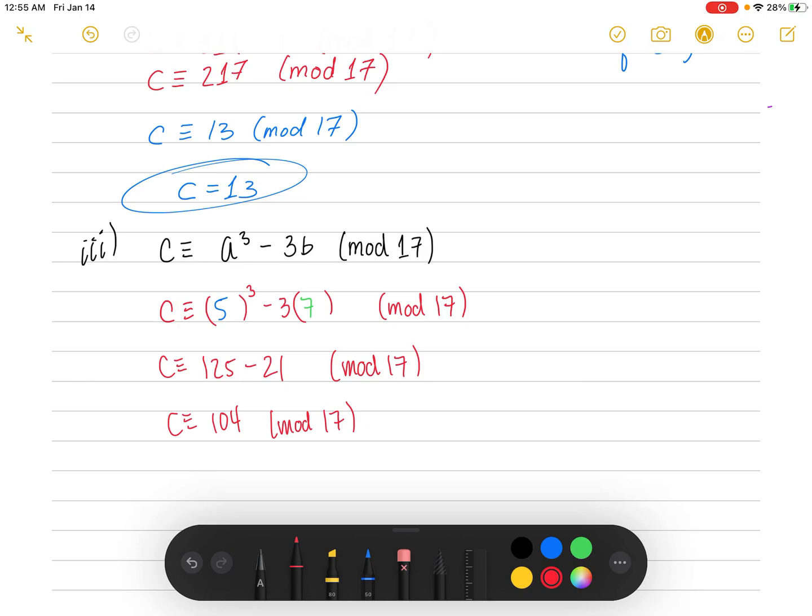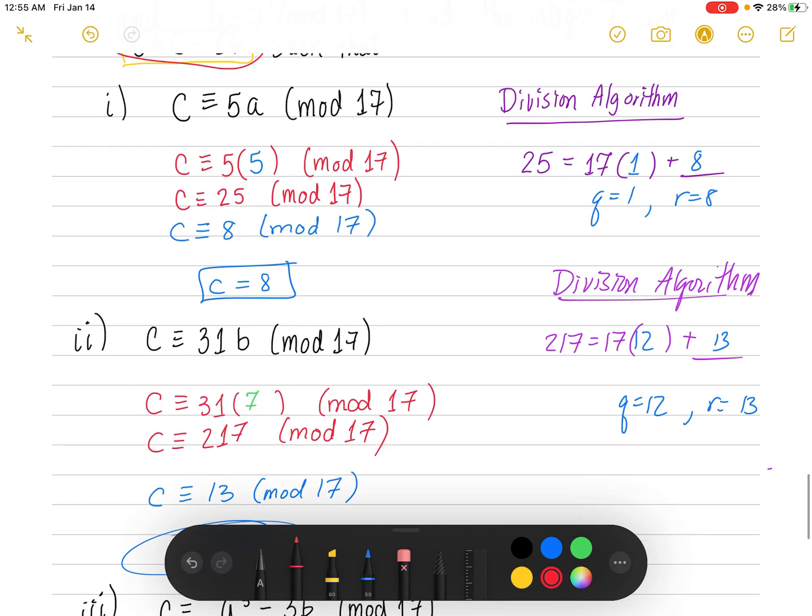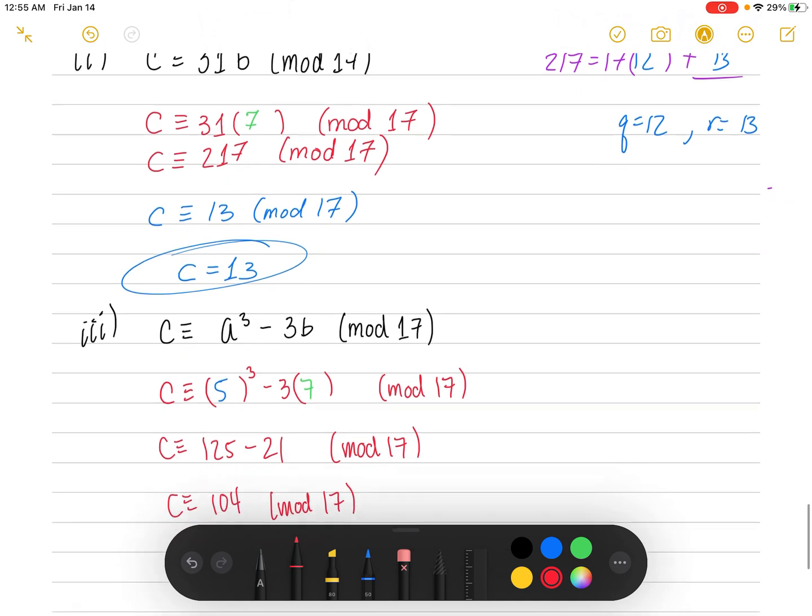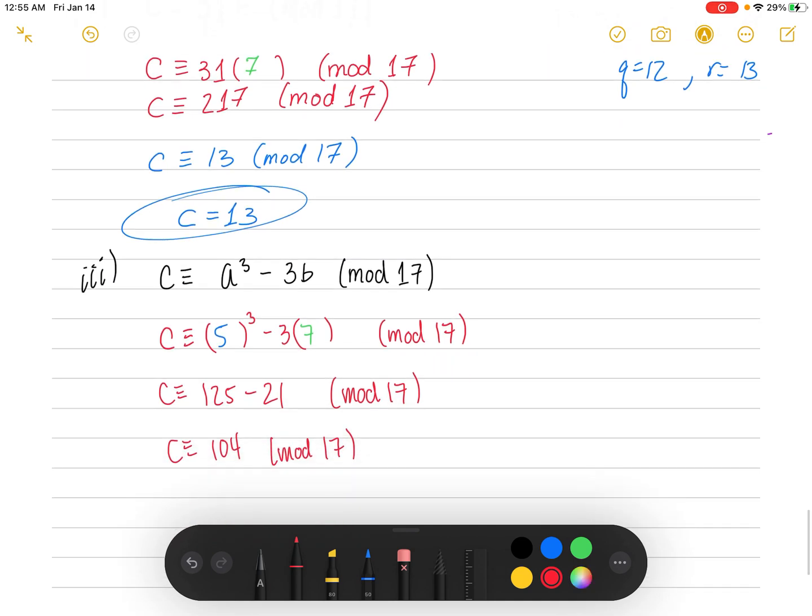Now, 104 cannot be your actual value of C, because remember, C has to be from 0 to 16. So to find the value of C precisely, we're going to use the division algorithm. I'm going to take 104 and divide 17 into it, get a quotient, and my remainder will be my answer.